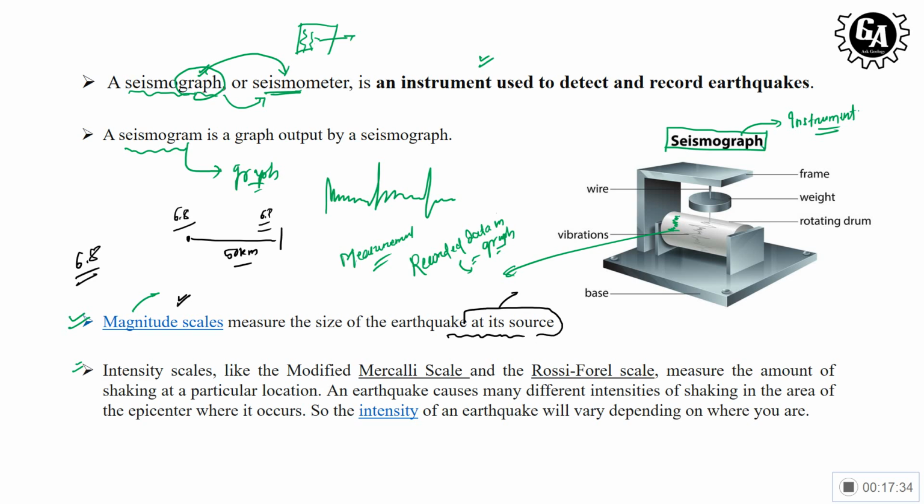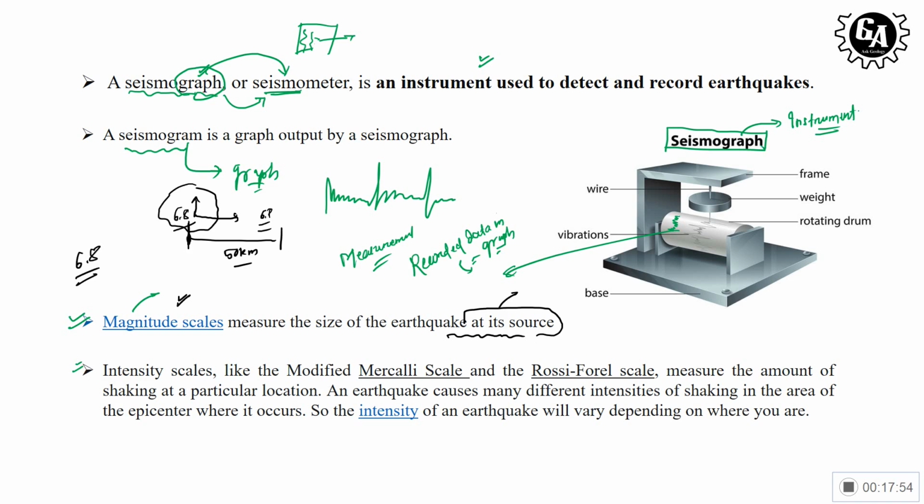Now when the energy dissipates, it has a devastating effect at this point very close to the epicenter. Then the intensity or devastating nature decreases away from the main location where the earthquake was located.